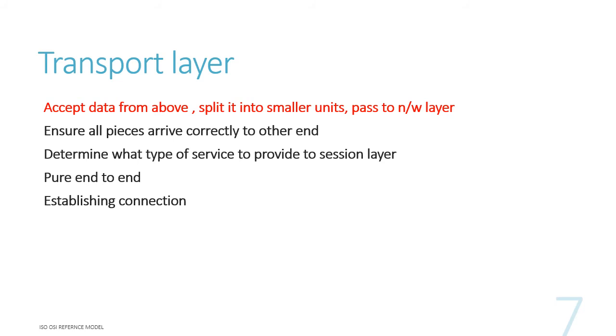The transport layer ensures all pieces arrive correctly at the other end. It determines what type of service is to be provided to the session layer. The transport layer is concerned with pure end-to-end connection establishment and data transfer.